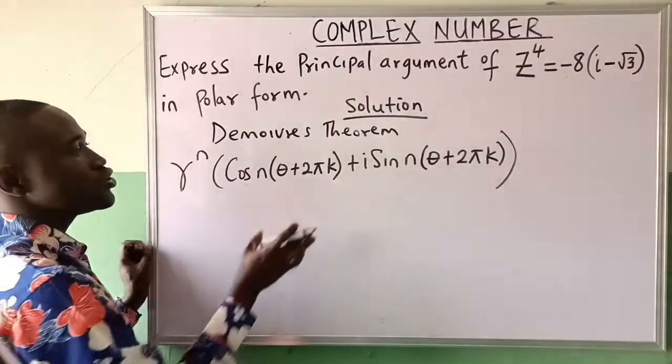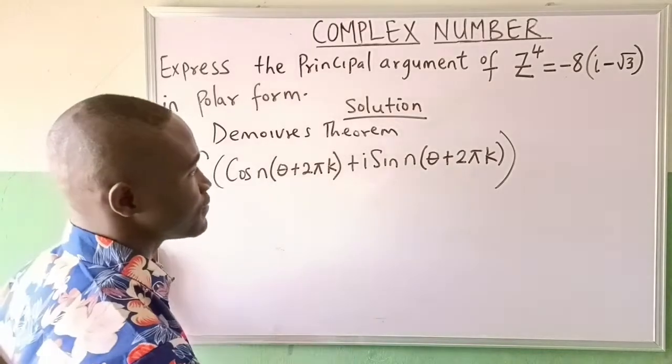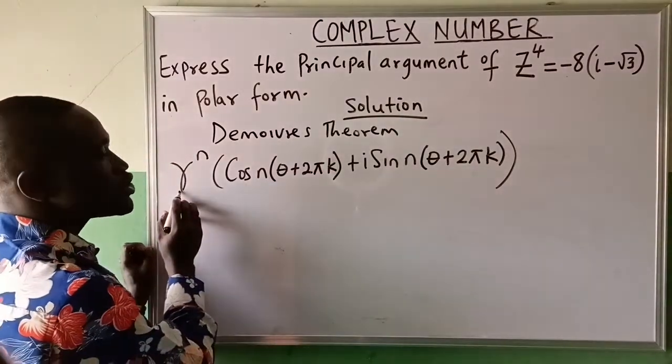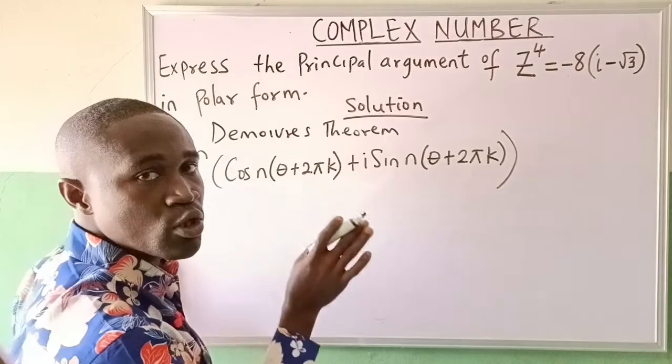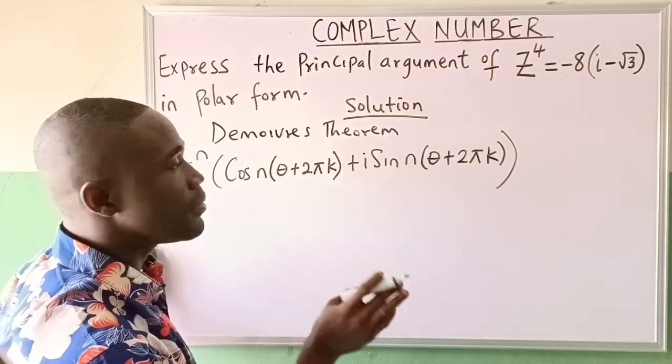So this is what the theorem simply states, where r is called the modulus of the complex number.